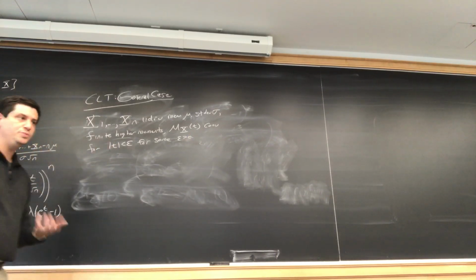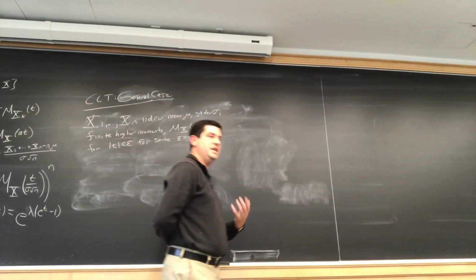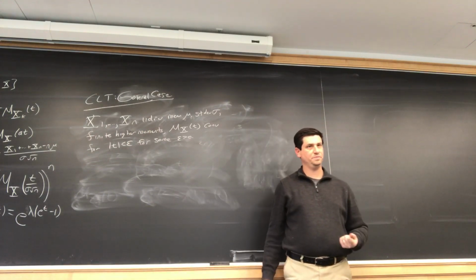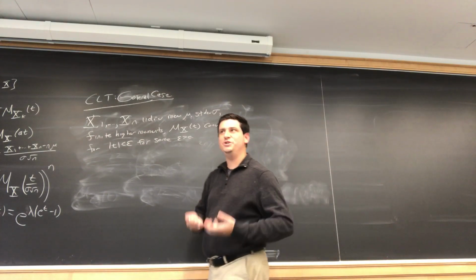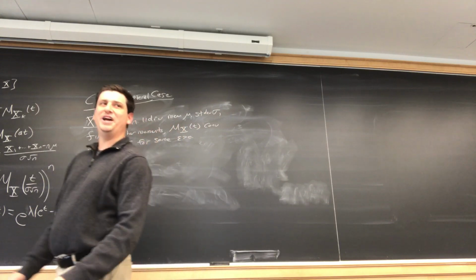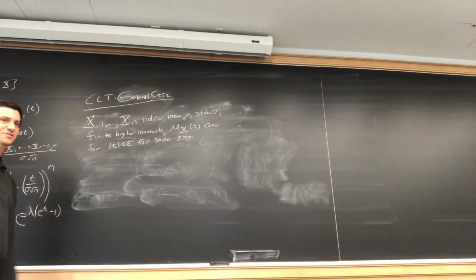So we're going to assume that the moment generating function exists in a neighborhood of t equals 0. t equals 0 is nice. What do we know is true for any moment generating function at t equals 0?